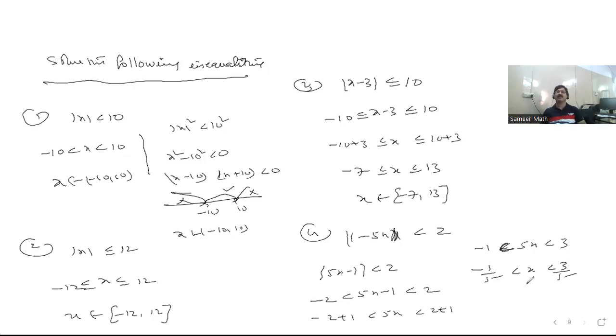We cannot neglect the 4 examples I've given. Suppose I say like this, mod of 2 minus 5x is less than or equal to 3. This is the 5th example. You write according to your convenience. You write 5x minus 2 between minus 3 and 3. It will be like this.